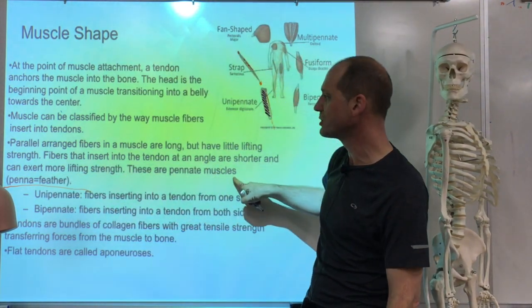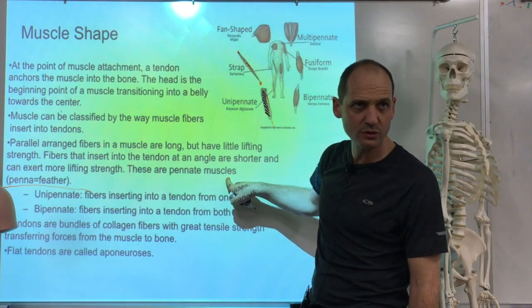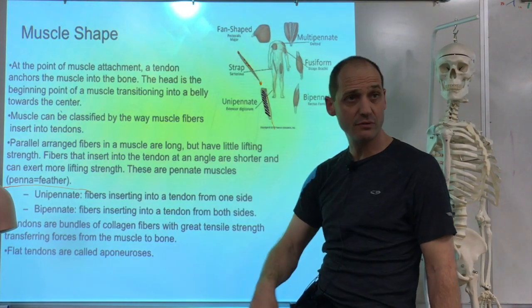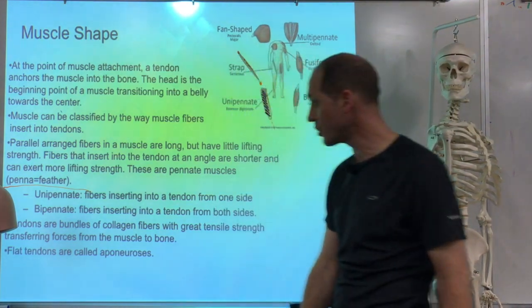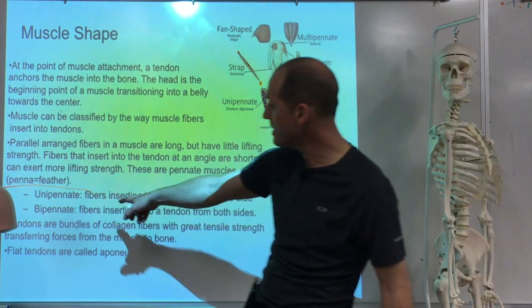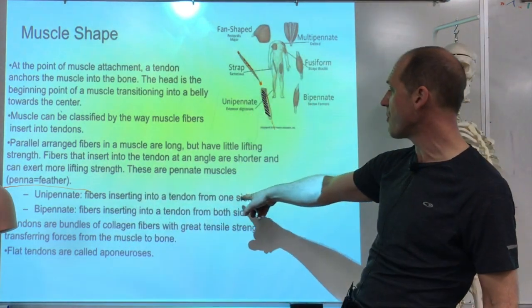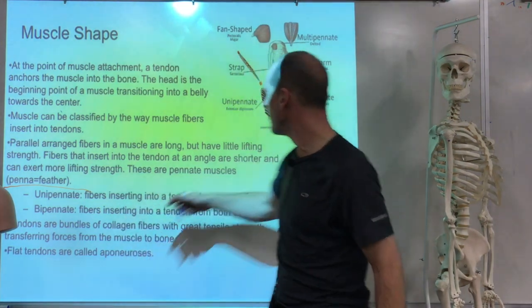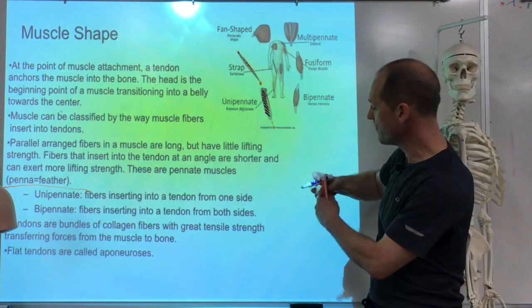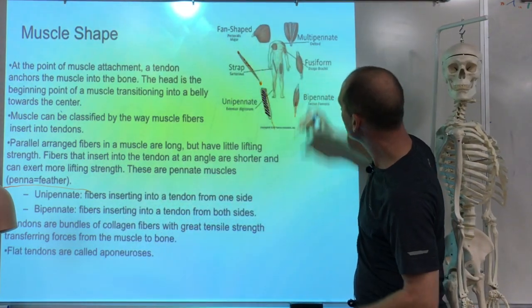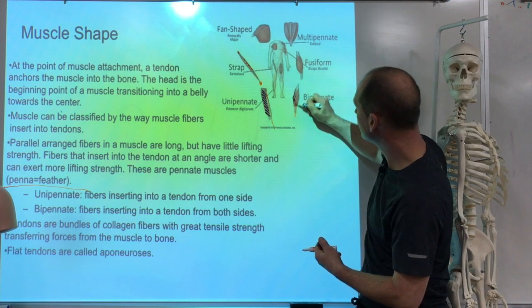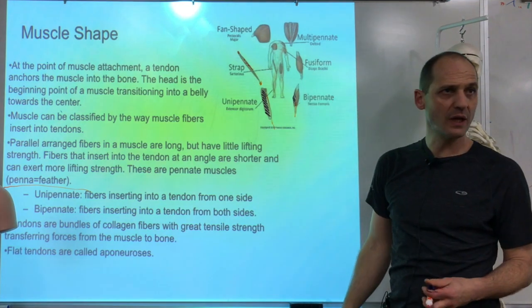So the pennate muscles are forceful muscles. So right here, you got pennate stuff. Lots of strength. Quads. Strongest muscles you have. Unipennate is the fiber inserted in a tendon from one side. Bipennate, that's this one. Bipennate is when the fibers come from both sides, that anchor into it.